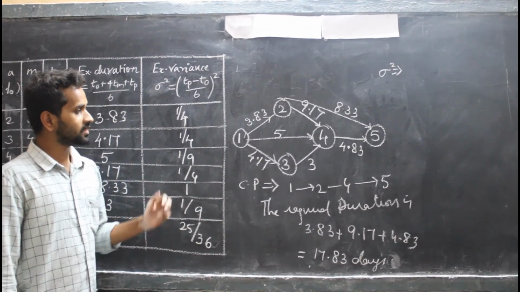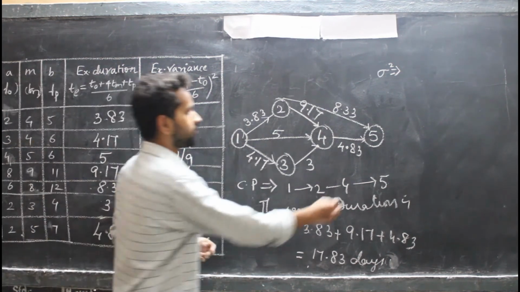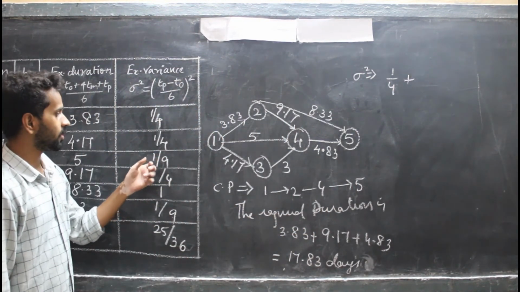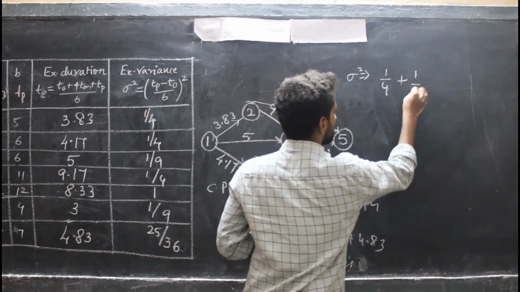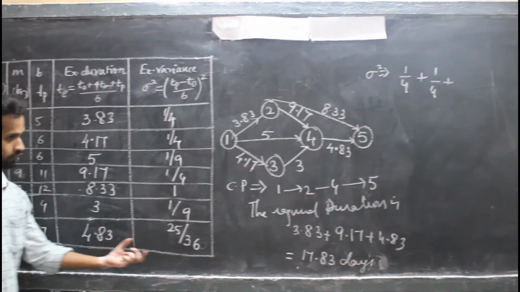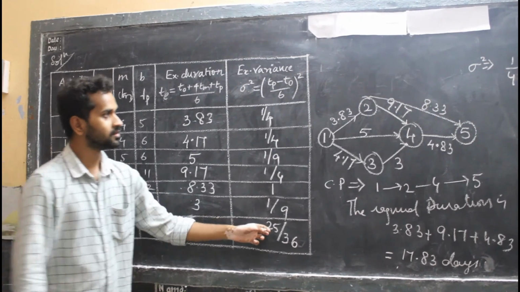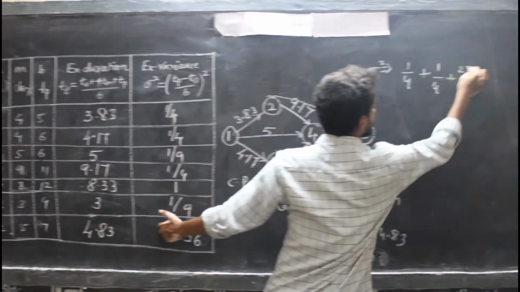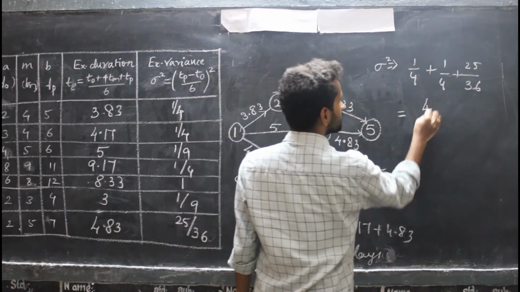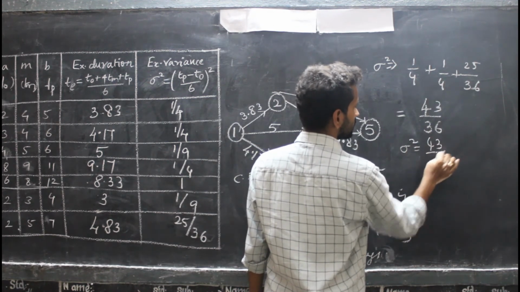For the 1 to 2 activity, sigma square is 1 by 4, plus the 2 to 4 activity, 1 by 4, plus the 4 to 5 activity, sigma square, that expected variance, is 25 by 36. So this gives on calculation 43 divided by 36. So sigma square equals 43 by 36.